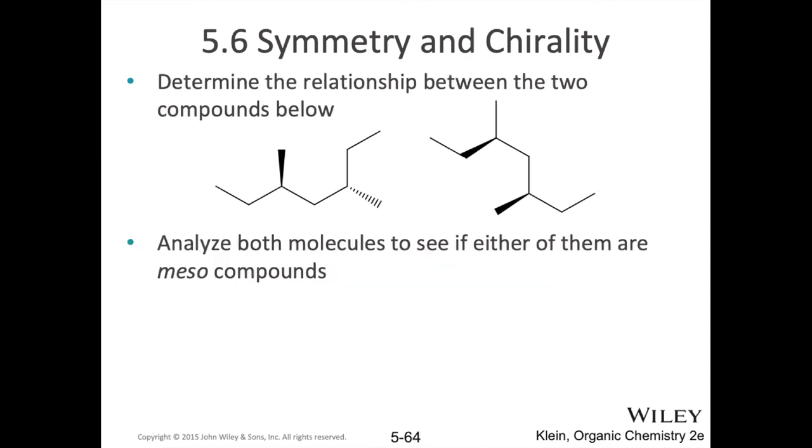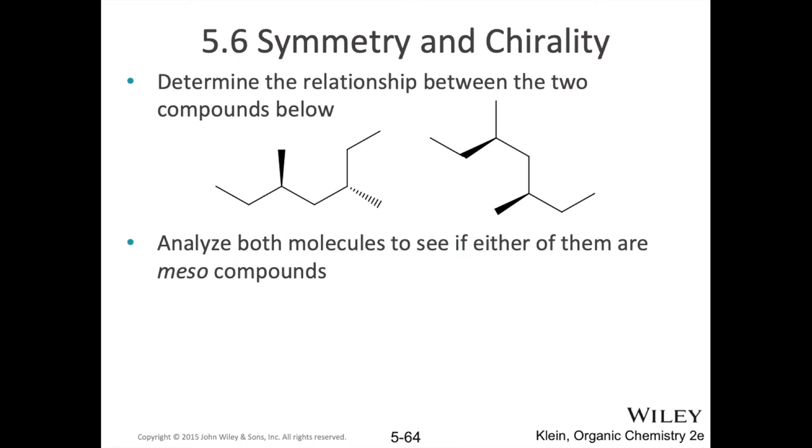Okay. Have a look at these two molecules. Ask yourself what their relationship is. Okay, so take a second, try this out. Now, you could try manipulating this using a model. You could try drawing it out, just trying to manipulate it on paper.